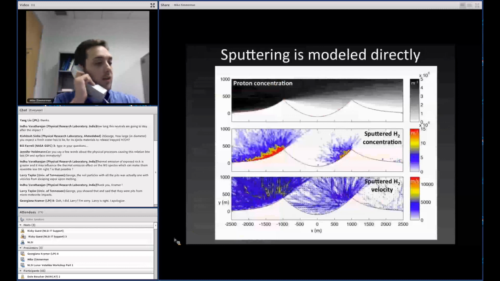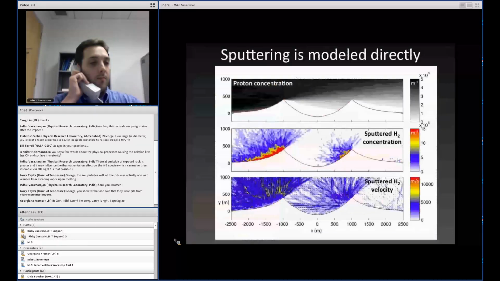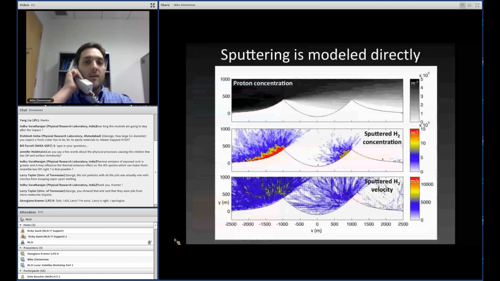So here's a result, same simulation I showed before. We have the wake clearly shown in the proton concentration on the top panel. And you can see this is H2 being sputtered away. Upstream, right at the pole where the solar wind's flowing from left to right, you can see the protons hitting that upstream crater rim and releasing H2.